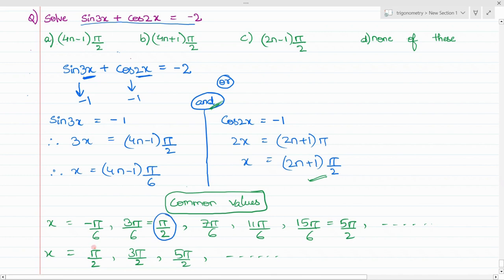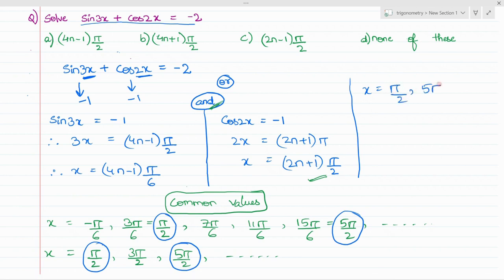There is pi by 2, pi by 2. Next, we have 5 pi by 2. Next, what do you think the next common value will be? It will be 9 pi by 2, right? And this also continues. So now we need to match these values of x to the given options.